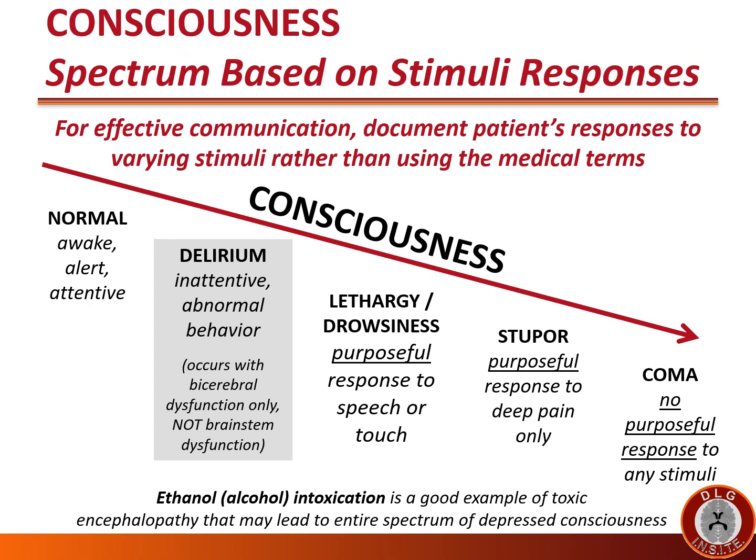That is a purposeful delirium to decrease your inhibitions. You drink too much alcohol, you get lethargic or drowsy. You drink even more, you get stupor, and you drink even more, you can be comatose and even die from alcohol toxicity. So I think that's a good way to look at toxic encephalopathy. It is an intentional toxic encephalopathy.